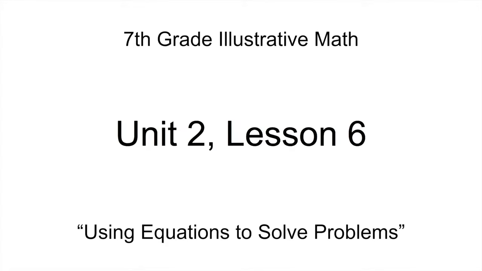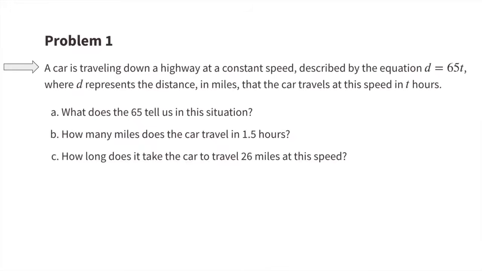7th grade, Unit 2, Lesson 6, Using Equations to Solve Problems. Number 1. A car is traveling down a highway at a constant speed, described by the equation d equals 65t, where d represents the distance in miles that the car travels at this speed in t hours.